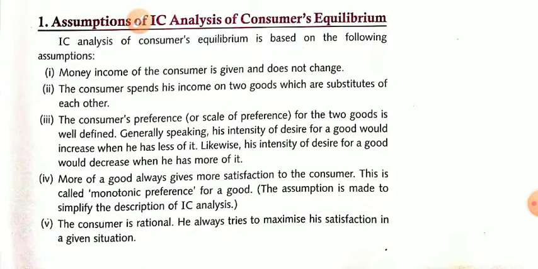Now generally speaking, his intensity of desire for a good would increase when he has less of it. Likewise, his intensity of desire for a good would decrease when he has more of it. If you have a good in more quantity, then your desire for that good decreases, but if you have it in less quantity, then your desire for that good increases in due course of time.